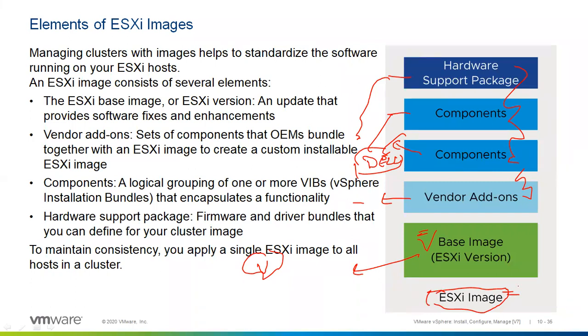Okay. Now you are saying, sir, for my host, I want to do the upgrade by using this custom ESXi image. I don't want to use the default ISO. So now you have this custom image. First question is, how will I create this custom image? This will be created from the vCenter console itself.